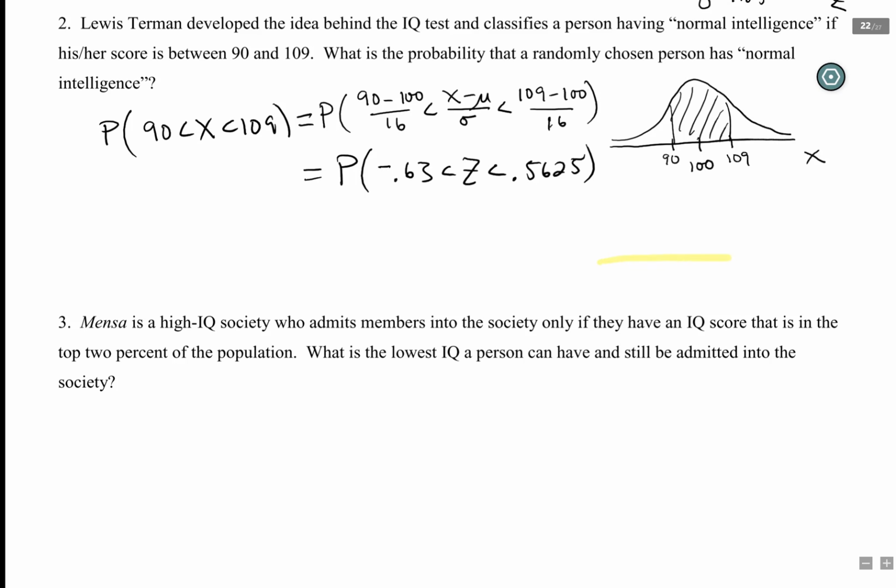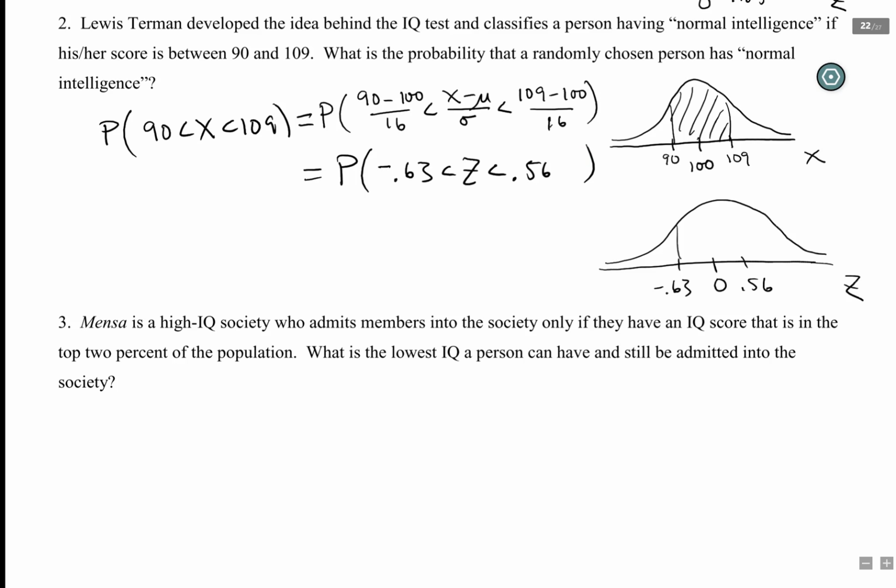Here's negative 0.63 on the standard normal bell curve, and positive 0.56.